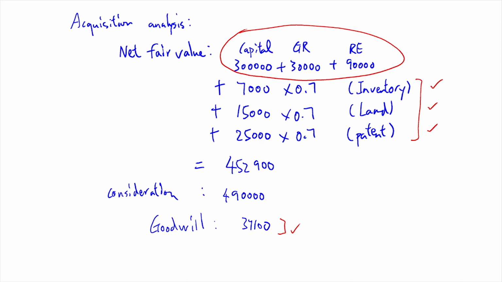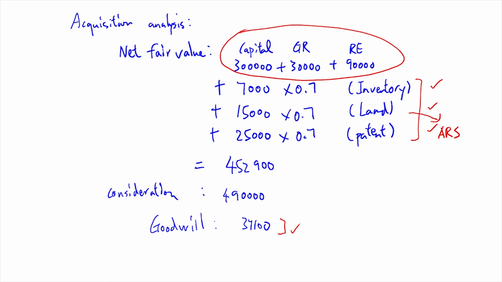However, we also know that land, we have already changed into fair value. That means land will become asset revaluation surplus. This is very important because if the subsidiary already revalued the asset, then the parent or the group doesn't need to recognize any BCVR for that anymore.